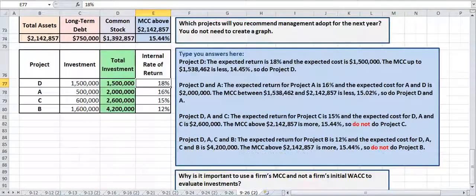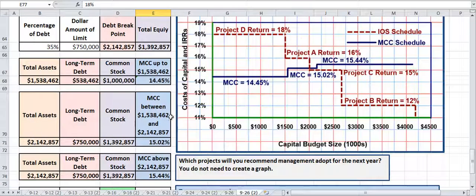Now, once we get to project C, add that in, we're up to 2,600,000. The return for project C is expected to be lower, 15%. We can't do project C at all.